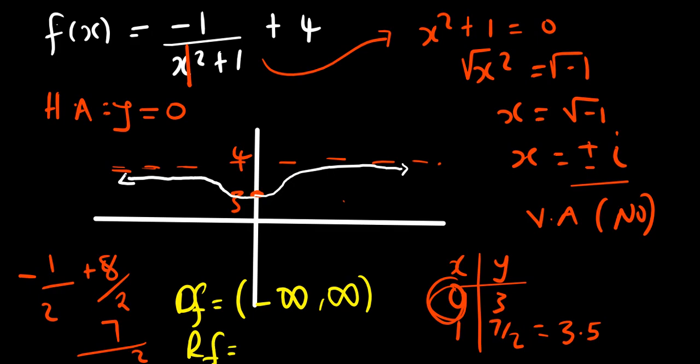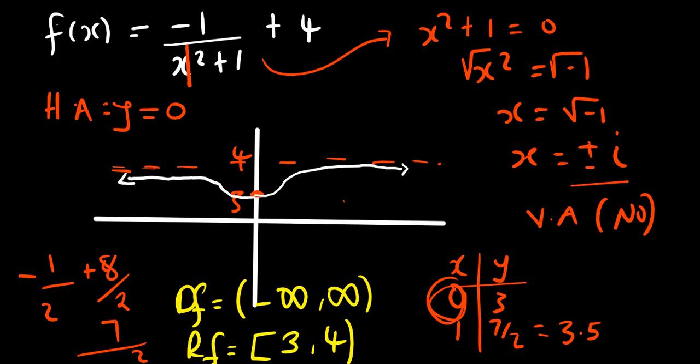The lowest value of y that you have is 3. The highest value of y is approaching the asymptote, which is at 4. Because it's an asymptote, you are not going to include it, so we open the bracket like that. So this is how we solve this one.